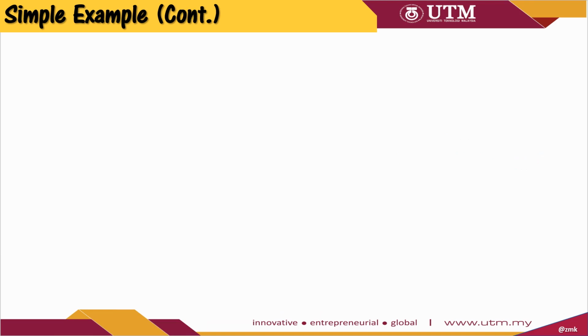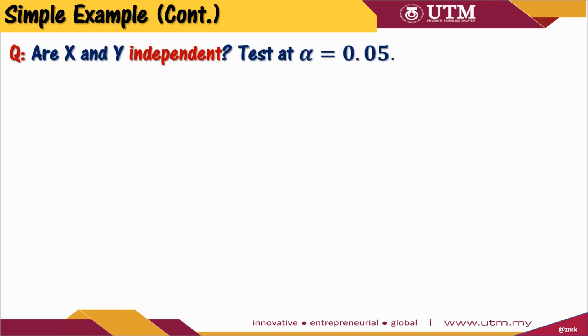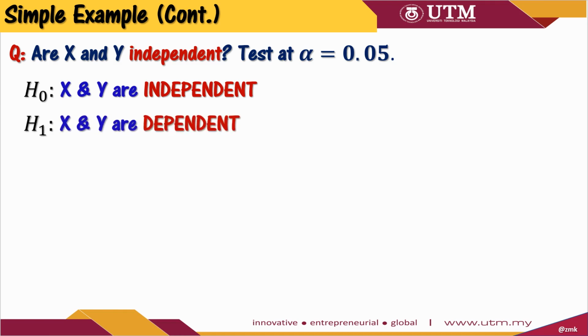Recall the simple example question on whether the row variable x and the column variable y are independent. Suppose we perform the independence test at 5% level of significance. As mentioned earlier, under the null hypothesis H0, x and y are assumed to be independent, whereas under H1, x and y are assumed to be dependent.